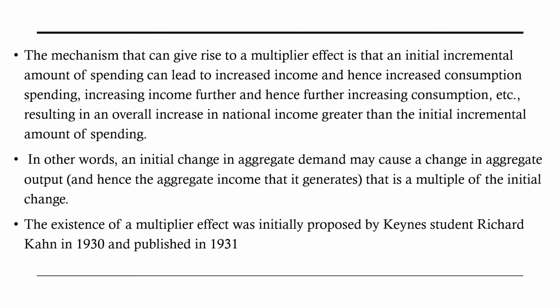This would result in an overall increase in the national income which is greater than the initial incremental amount of spending. You could also see that an initial change in the aggregate demand may cause a change in the aggregate output which is a multiple of the initial change. So this is what the multiplier effect is all about.